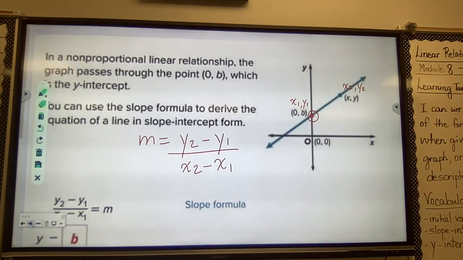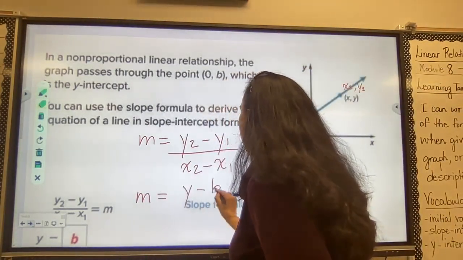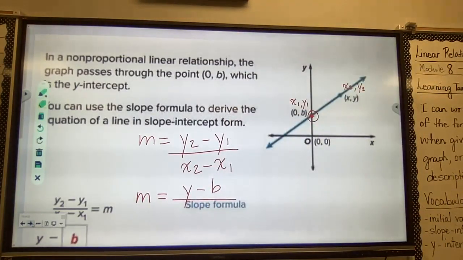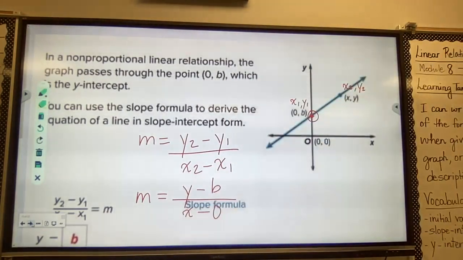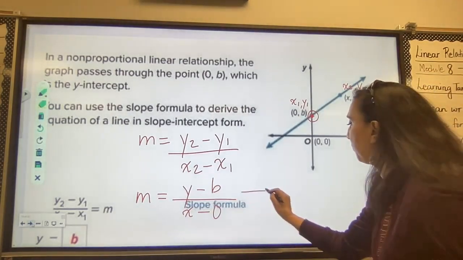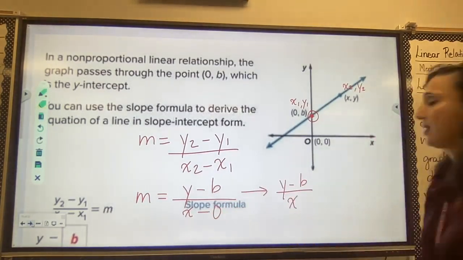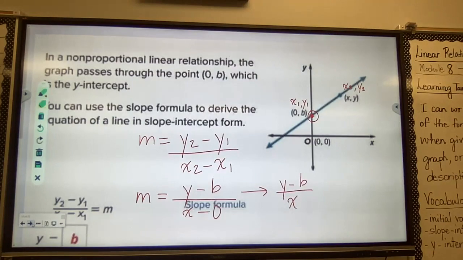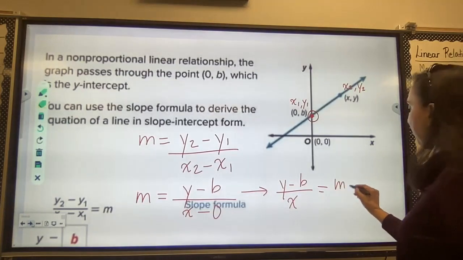If I'm writing this formula, m is (y - b), because y2 minus y1 will be y minus b, over x minus 0, which is x. And of course this is equal to m.